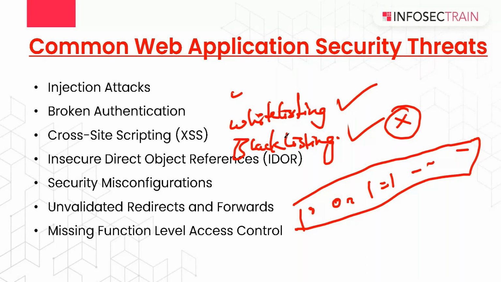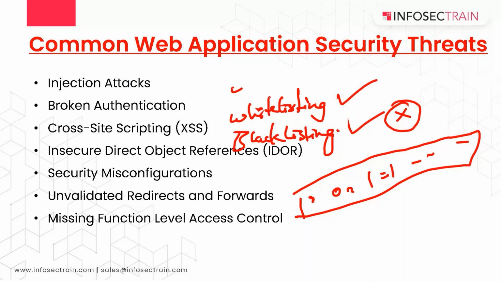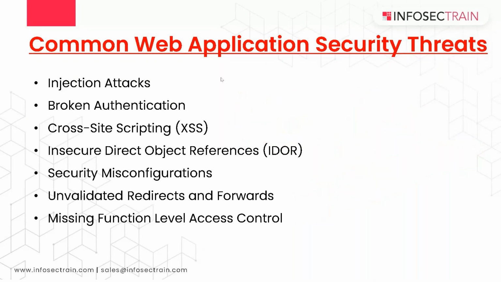We have to follow the least privilege principle, which means users will have the minimum access necessary to perform their task. We avoid giving overly broad permissions to them. So these are some common web application security threats we have.